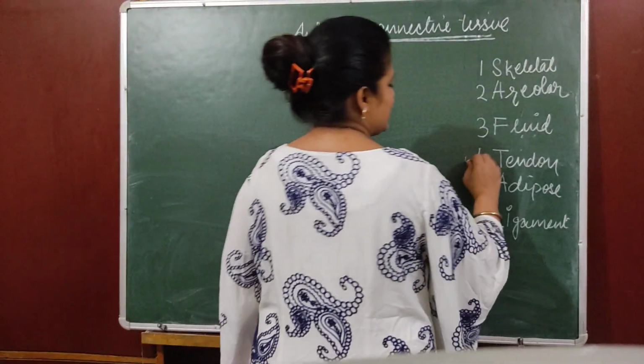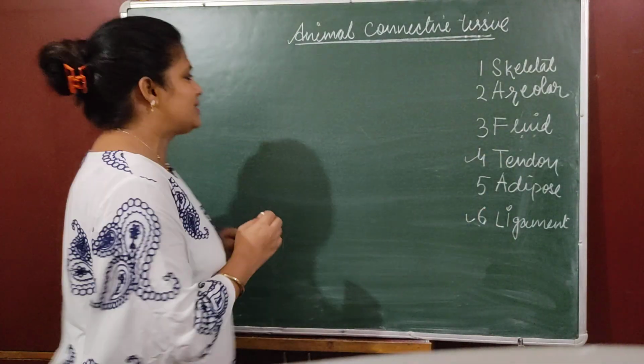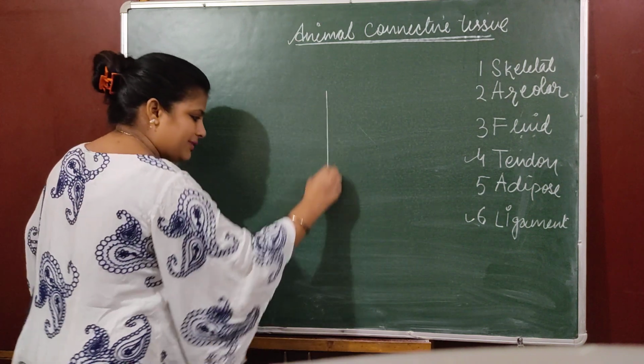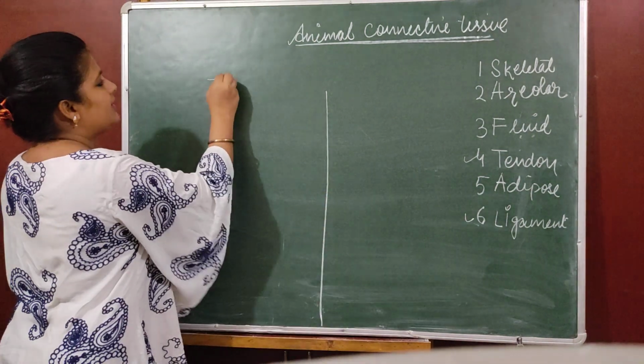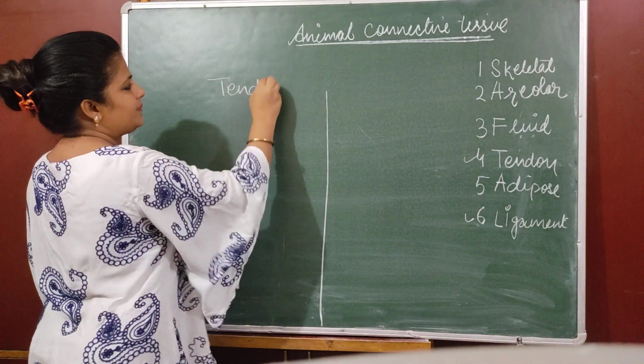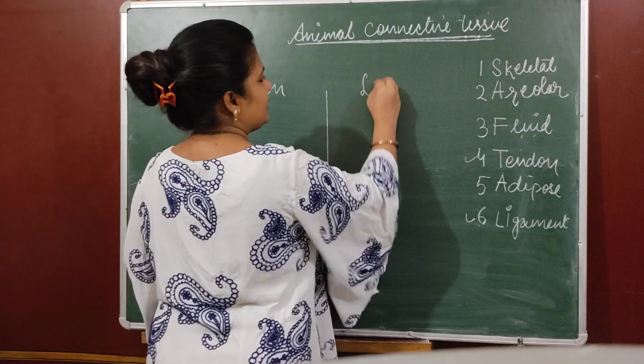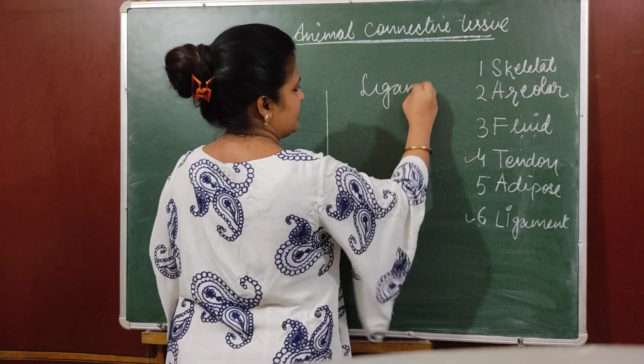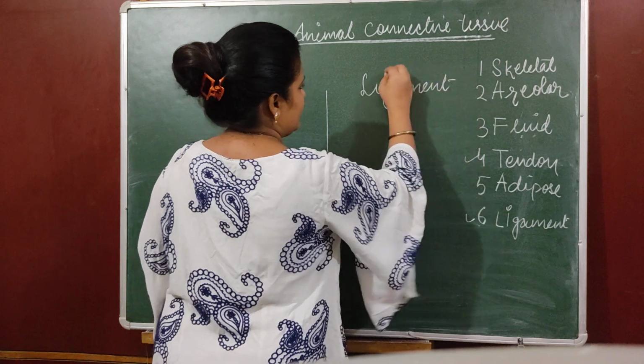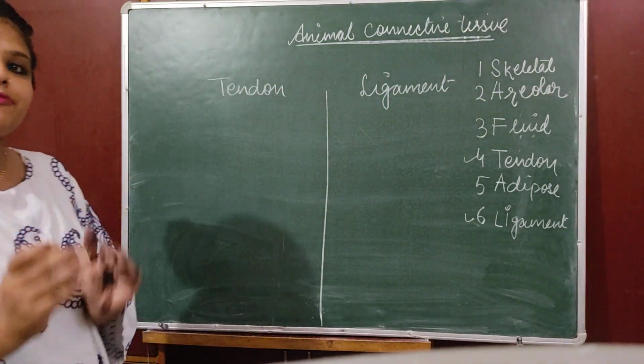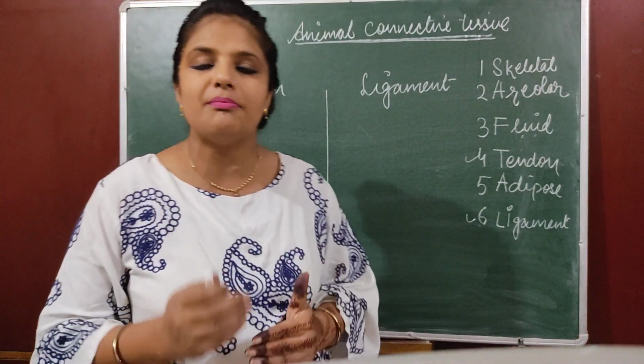Now let's discuss tendon and ligament first. So we will discuss the difference between tendon and ligament. Let's understand the basic features, then we will discuss how we can remember them.